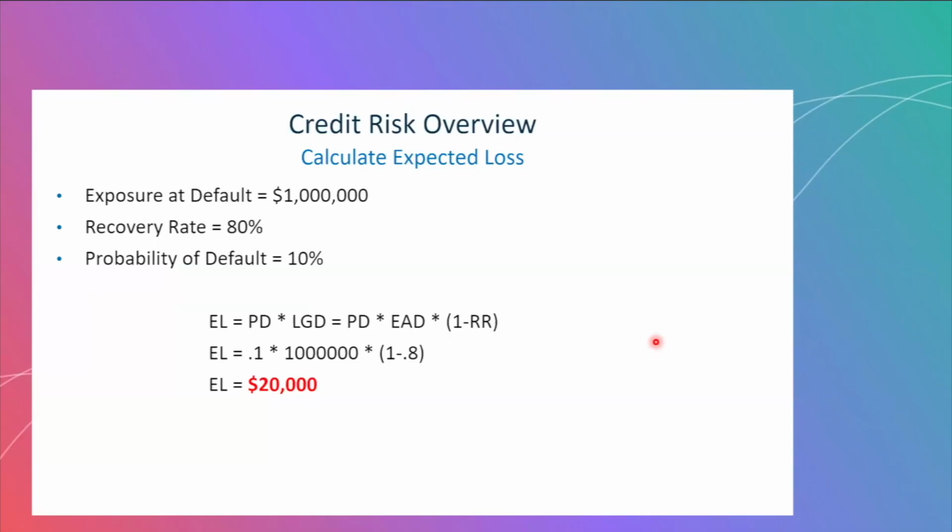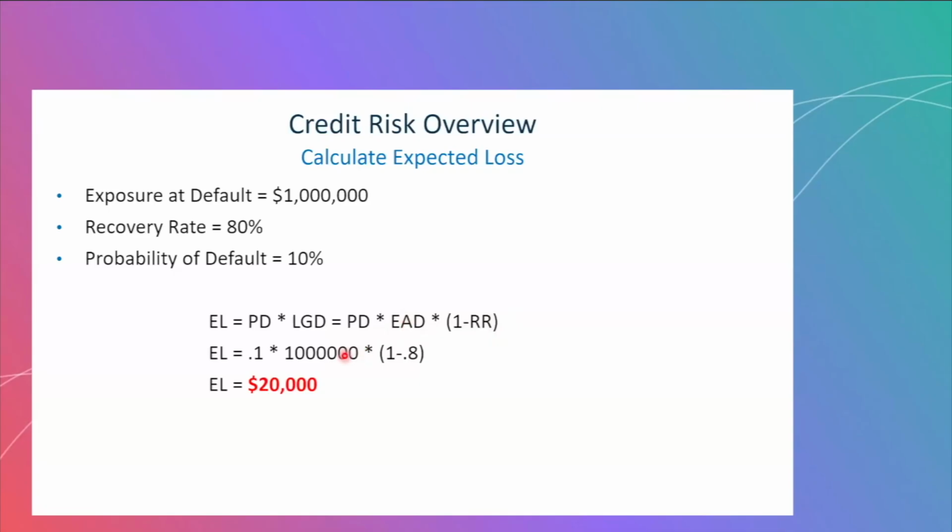First I will be computing the loss given default. Loss given default is computed as exposure at default times 1 minus the recovery rate. So that's the loss that I have.